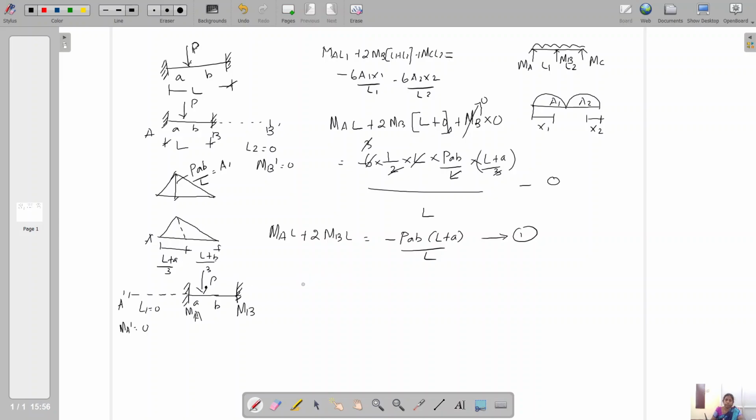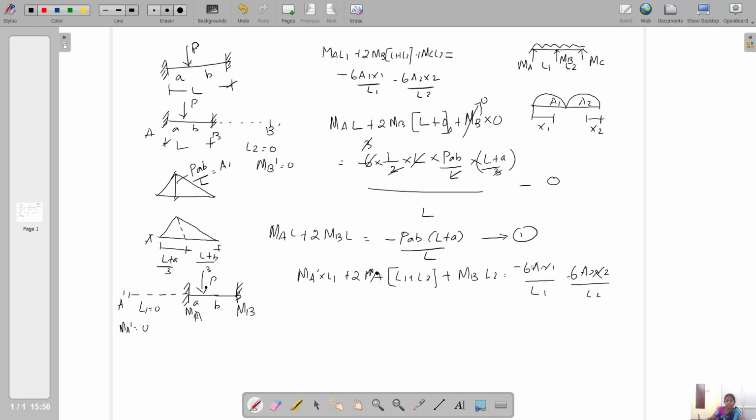If you write the theorem of three moments equation, first you consider A dash: MA dash into L1 plus 2MA into (L1 plus L2) plus MB into L2 equal to minus 6A1x1 by L1 minus 6A2x2 by L2.